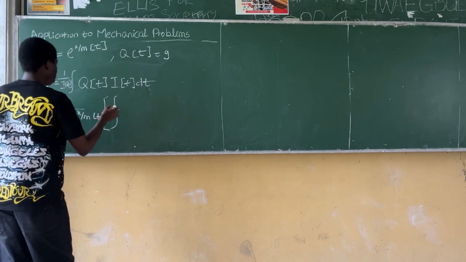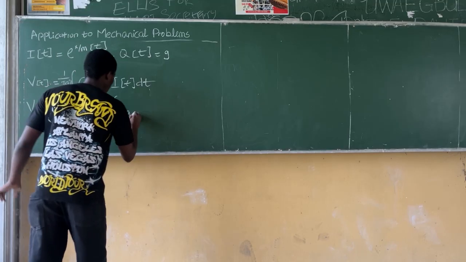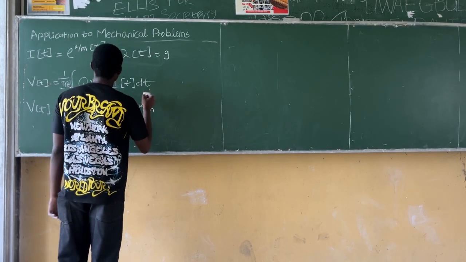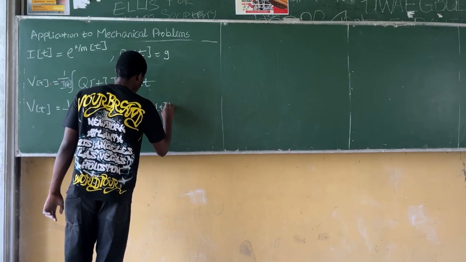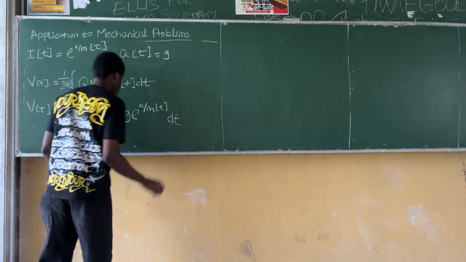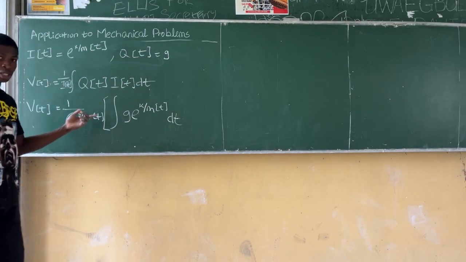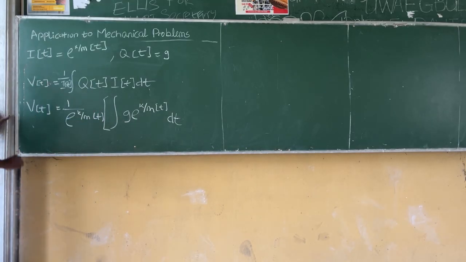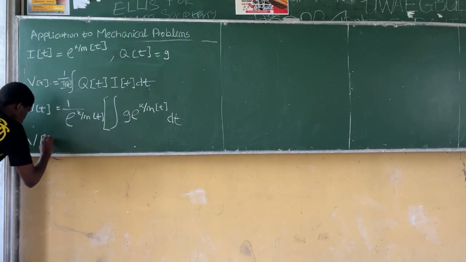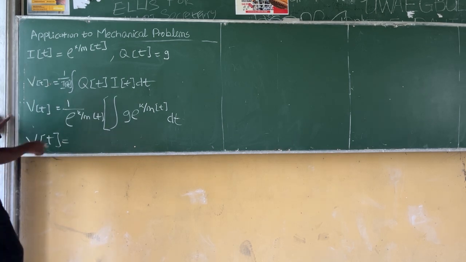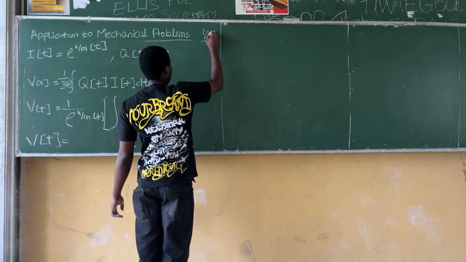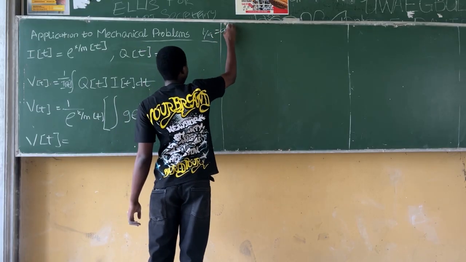Then plug in q of t is g, e raised to power k over m t dt. So now we can see from this equation that g is a constant and we'll be taking it out of the bracket. So v of t is equal to, and if you take, for example, 1 over a is equal to a to the minus 1.